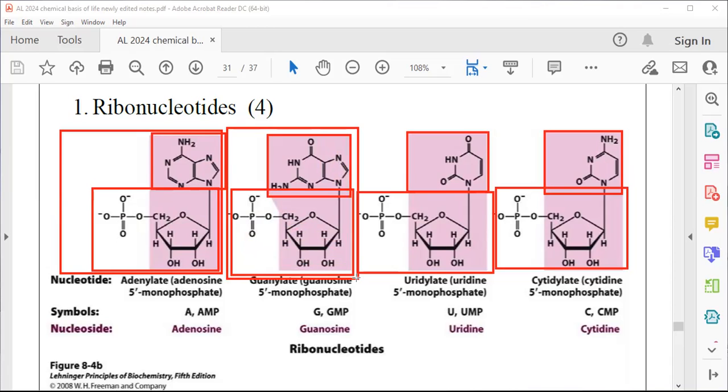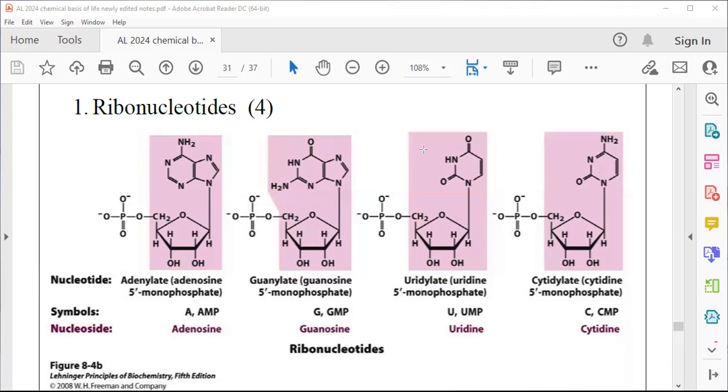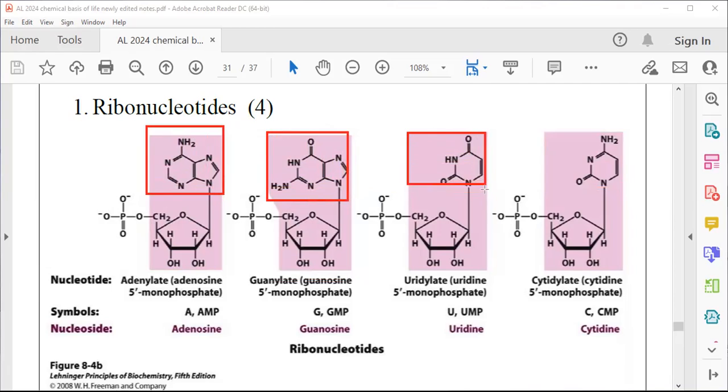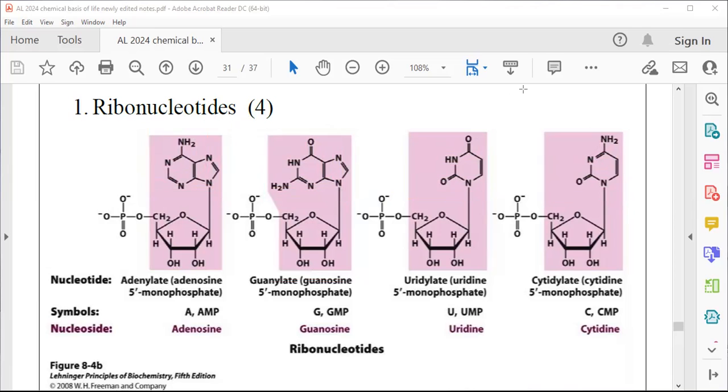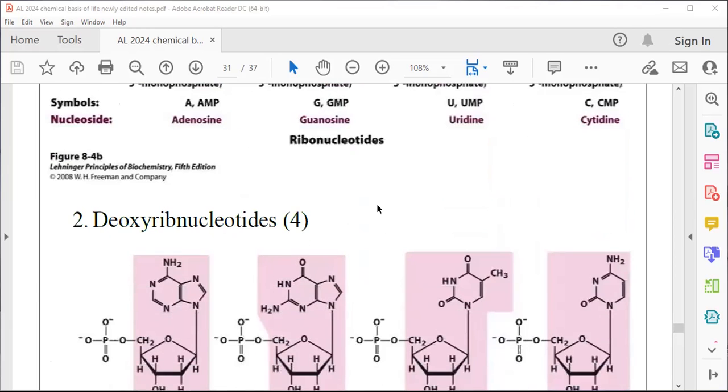That is very important, by nitrogen bases. So there are 4 nucleotides. Ribonucleotides are how many? 4 types. Those 4 are different from each other in their type of the nitrogen base. Are you clear? Yes, sir. Coming to the next one.